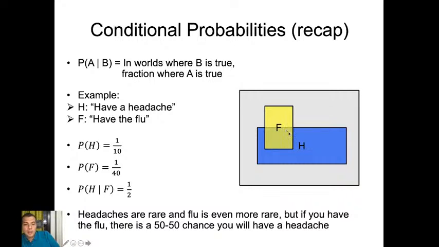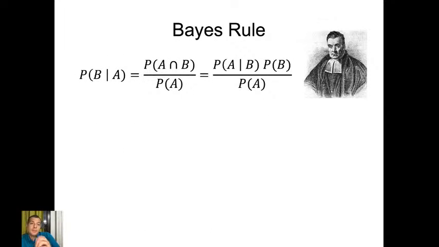So actually what we want to compute is this area, f intersects h, divided by the probability of f. So this is the conditional probability, the formula of Bayes.